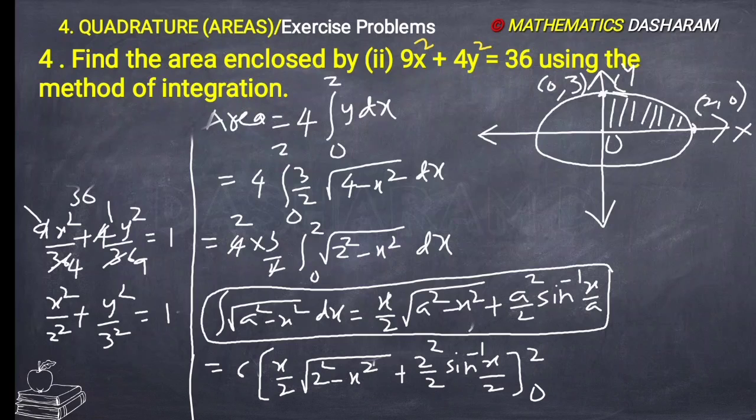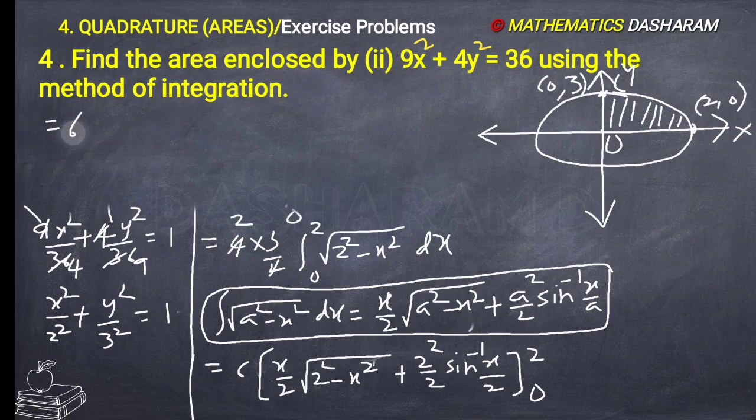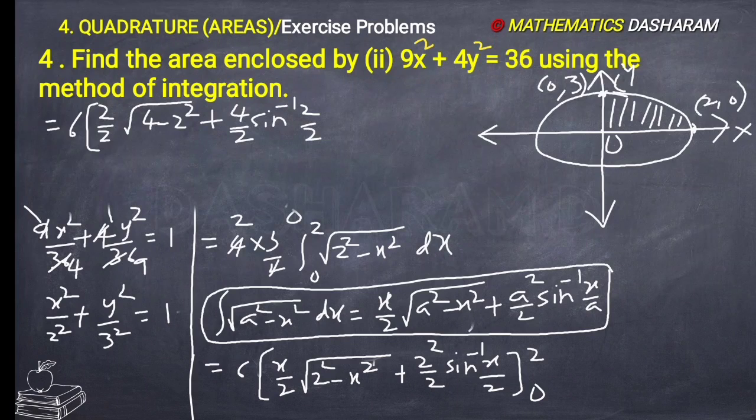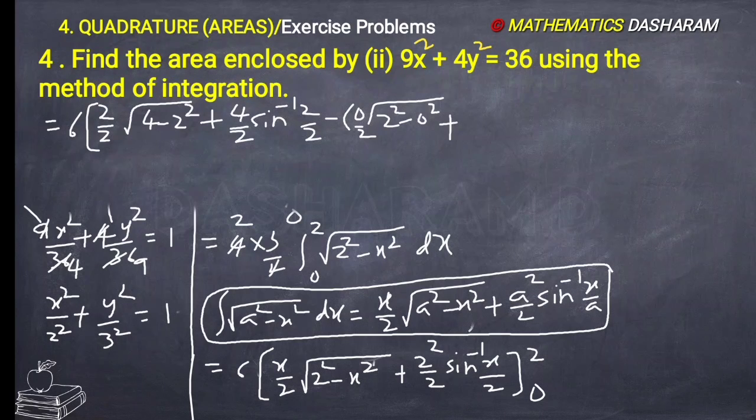Now substitute the limits. So it is equals to 6 bracket of first limit is 2, so 2 by 2 under root 2 square is 4 minus 2 square plus 2 square 4 by 2 sine inverse 2 by 2. Second limit is 0 minus bracket of 0 by 2 into under root 2 square minus 0 square plus 2 square by 2 sine inverse 0 by 2.